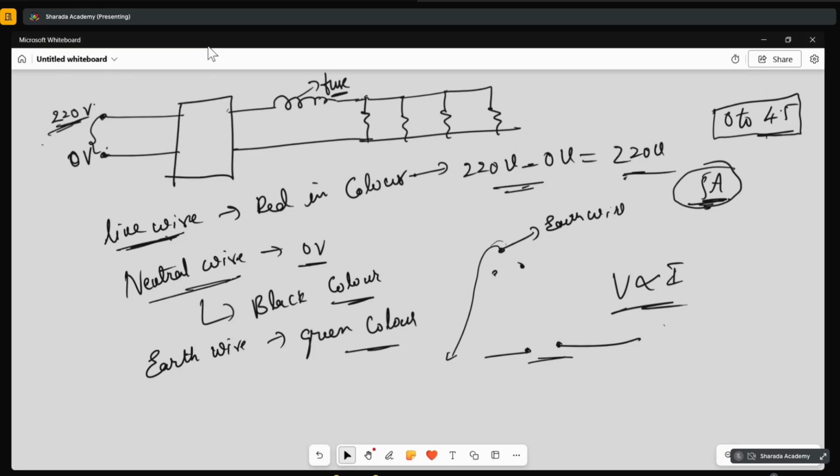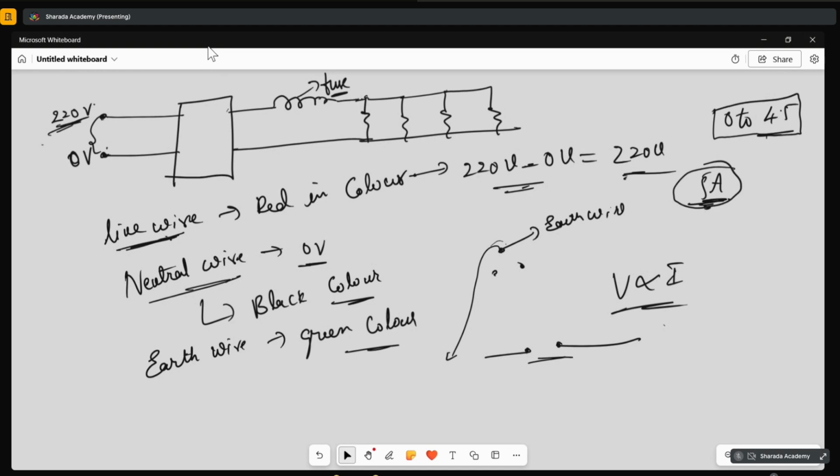Too many appliances are connected and used at the same time, and too much current is flowing through the wire. Correct. Overloading means when you are using many appliances together, and the wire, they usually tell, like 1 kilowatt or 5 kilowatts, whenever they are giving to the houses, depending on the number of houses there.